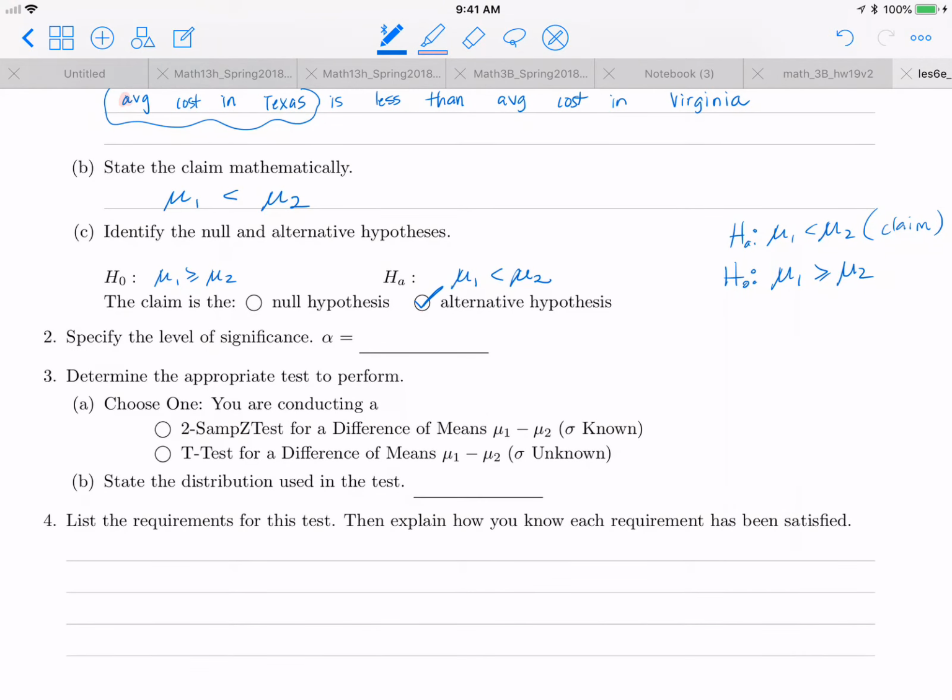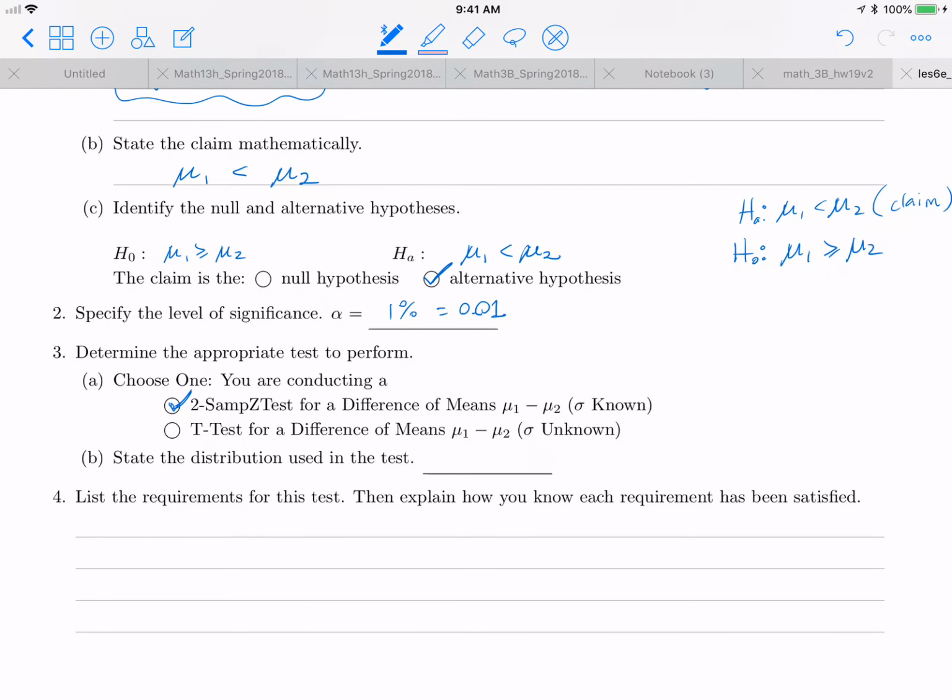Specify the level of significance. This was 1%, 0.01, and that was given in the problem. We are conducting a 2-sample z-test. Why? Because sigma 1 and sigma 2 are known.